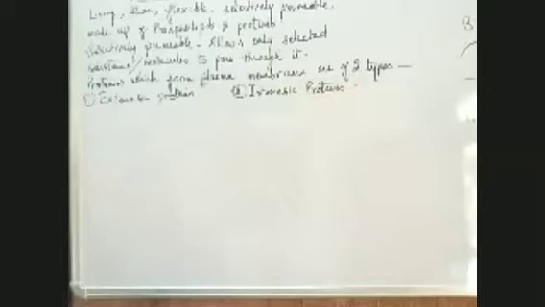The two types of proteins which form the plasma membrane are extrinsic proteins and intrinsic proteins.